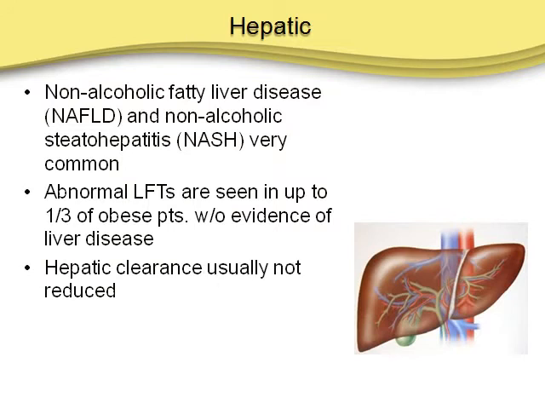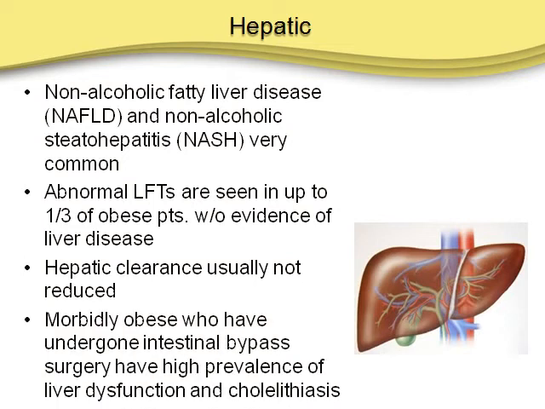Despite these histologic and enzymatic changes, no clear correlation exists between routine liver function tests and the capacity of the liver to metabolize drugs. Morbidly obese patients who have undergone intestinal bypass surgery have a particularly high prevalence of hepatic dysfunction and cholelithiasis, which is also common in the general obese population and of which abnormal cholesterol metabolism is partially to blame.